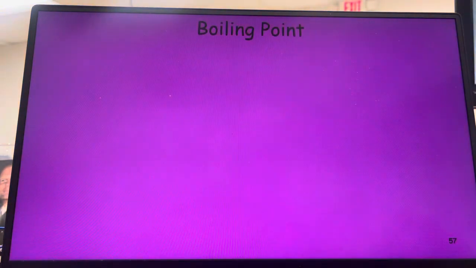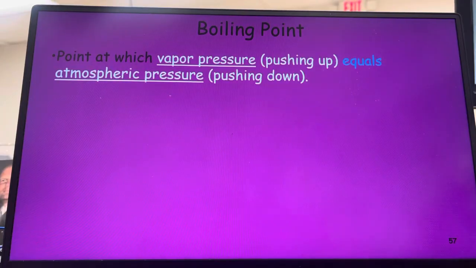That's a colligative property. So boiling point, we're on slide 57. Boiling point is when the vapor pressure equals the atmospheric pressure. Once you increase the vapor pressure enough to overcome the pressure pushing down from the air surrounding that solution, the solution will start to boil.